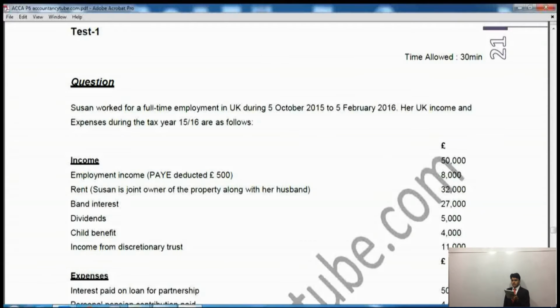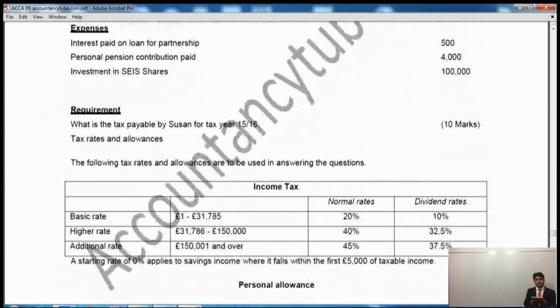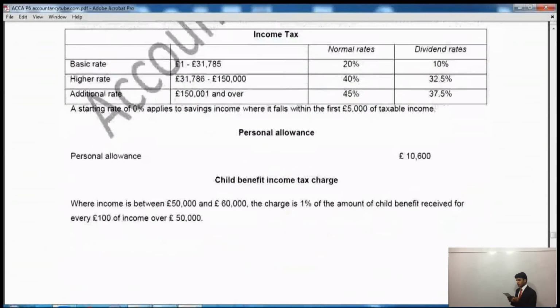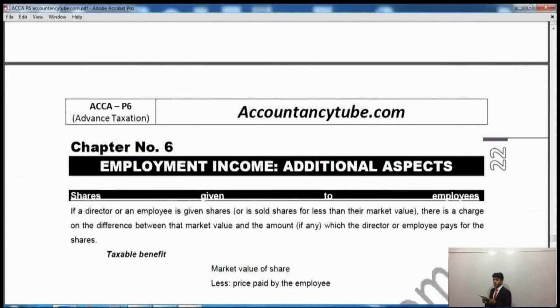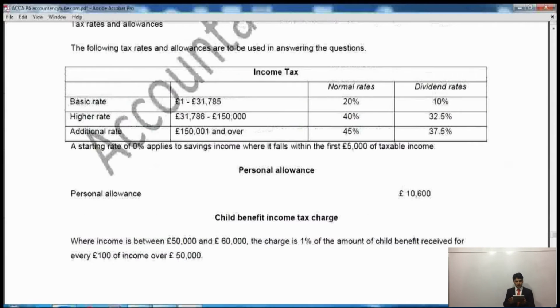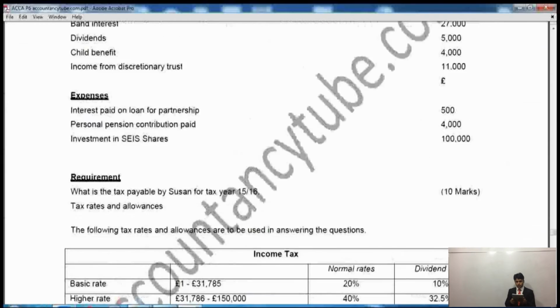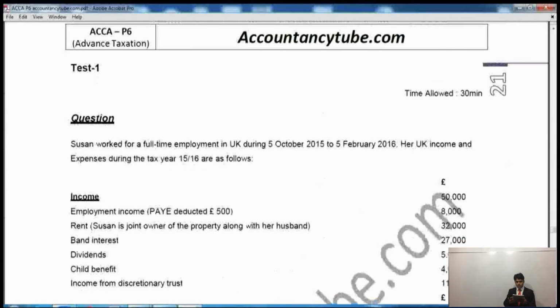When we deduct that, the net answer is deemed employment income. Now you will have to memorize this formula, this pro forma, because it is very, very important as far as the March 2017 attempt is concerned. The examiner is likely to examine this one. So please make sure you memorize this.